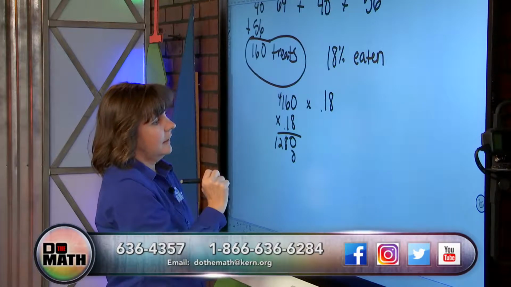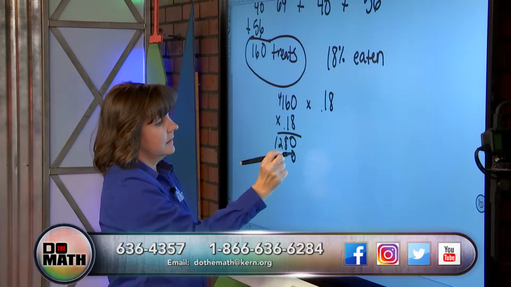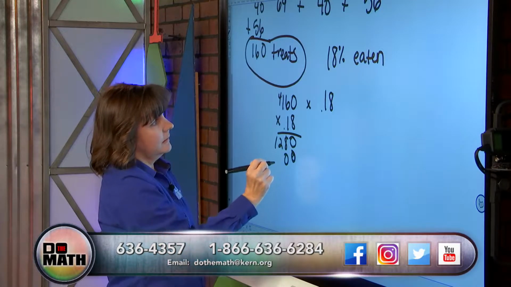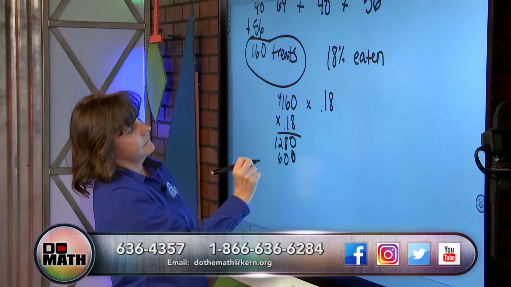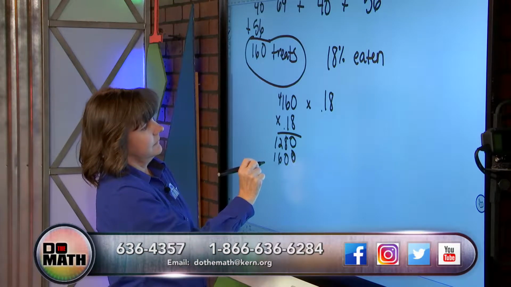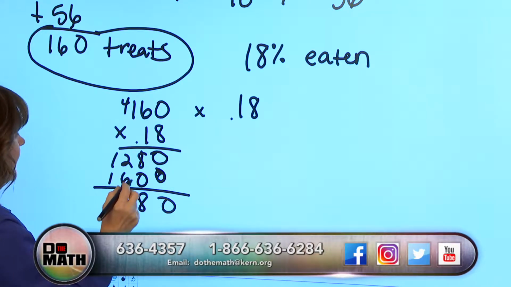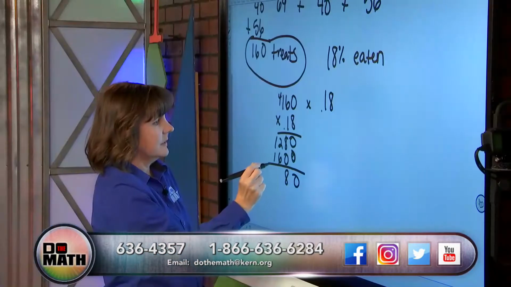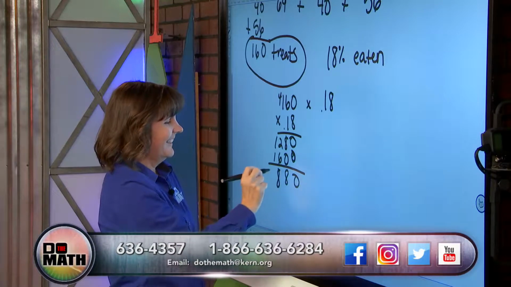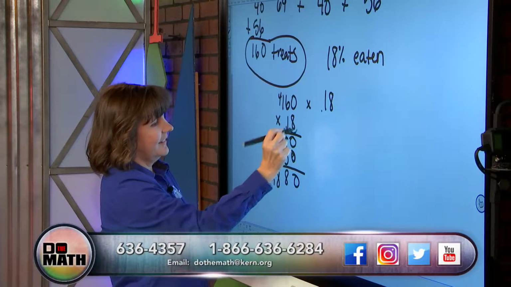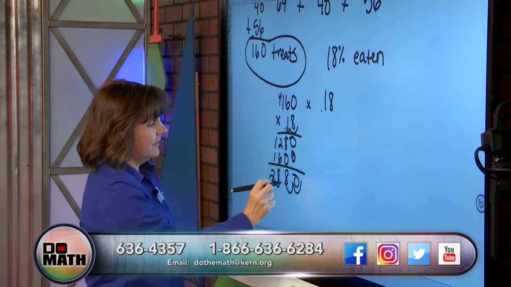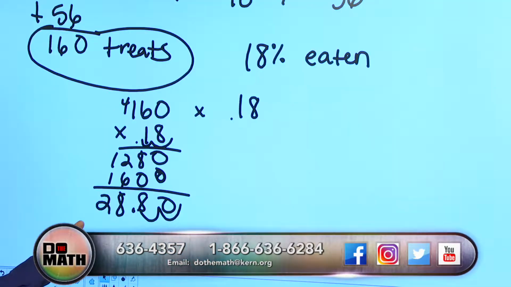Add a 0 for that place, and then add it up. Wait, I was like, that's too big, but then I realized there's a decimal I have to put in there. So we count back twice. So 28.8, which means really 28 or 29, since it's candies.